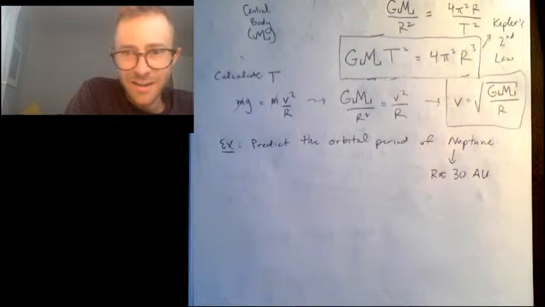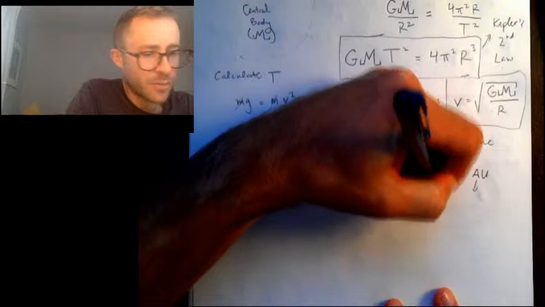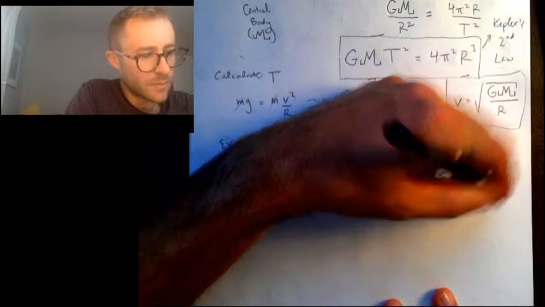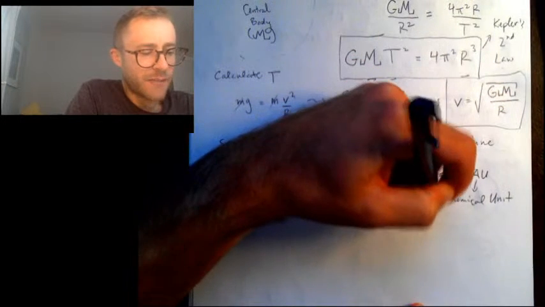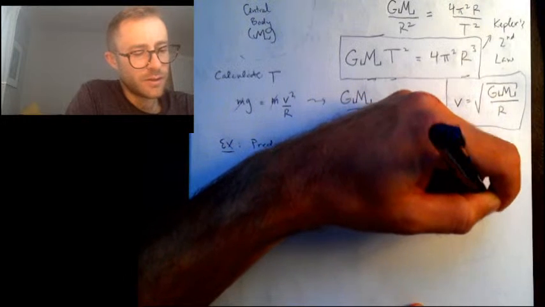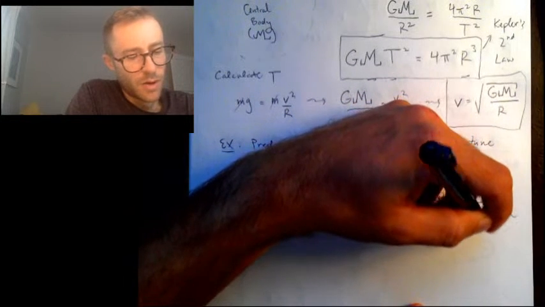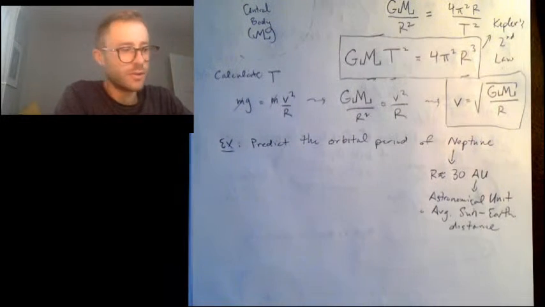So what is an AU? An AU stands for astronomical unit, and it is equal to the average distance between the Sun and the Earth. Now, why do I say average distance? Because the orbit of the Earth is an ellipse, and an ellipse goes different distances.